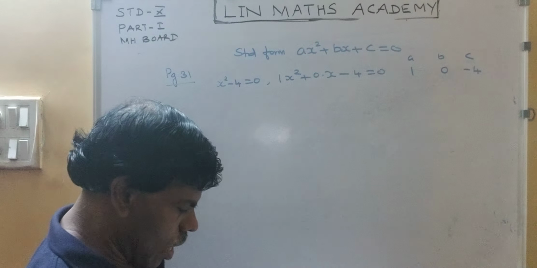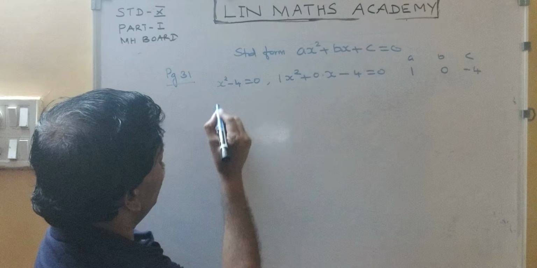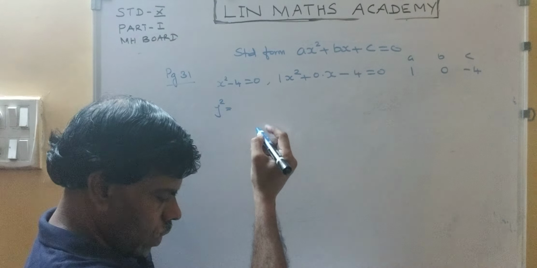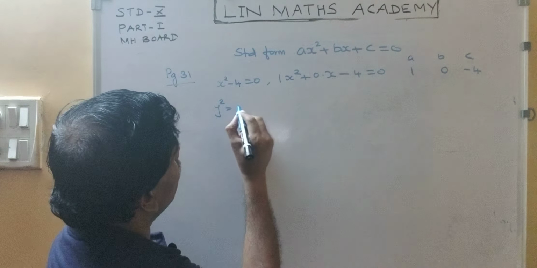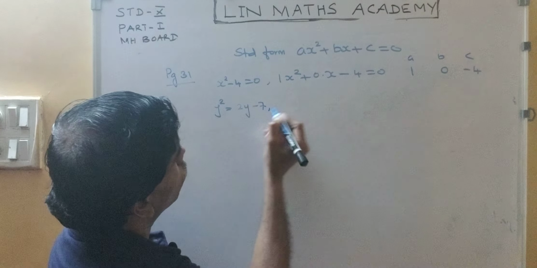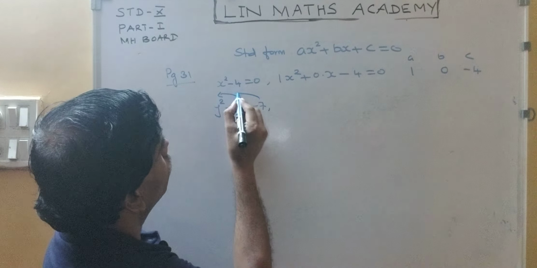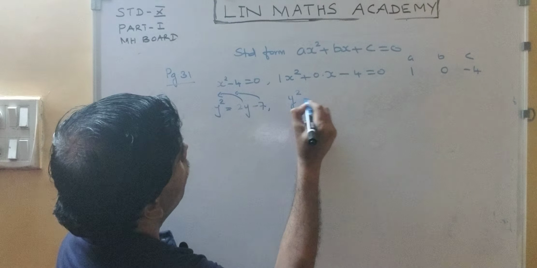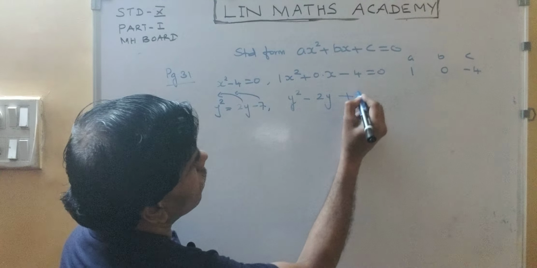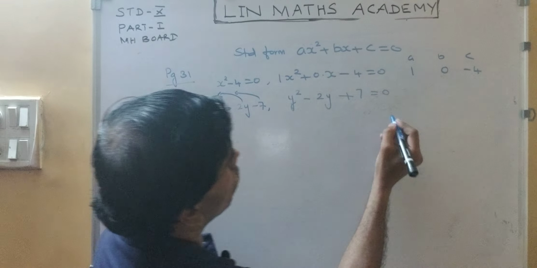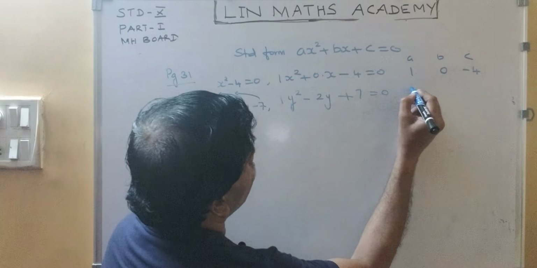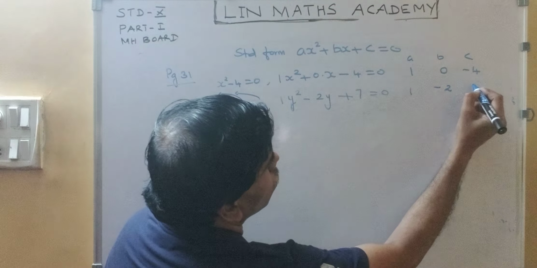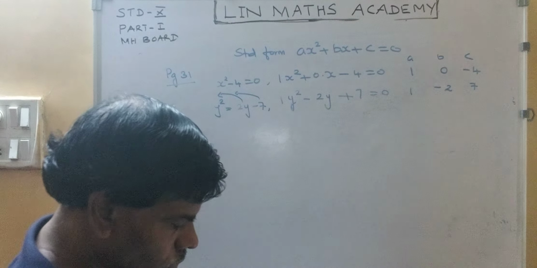Similarly, now next one, y square equal to 2y minus 7. So, you will take it here. So, y square minus 2y plus 7 equal to 0. What is the coefficient of y square? 1. Minus 2, 7.